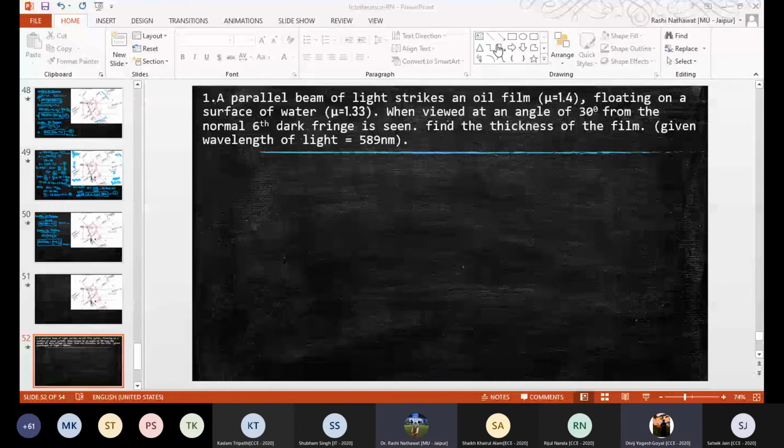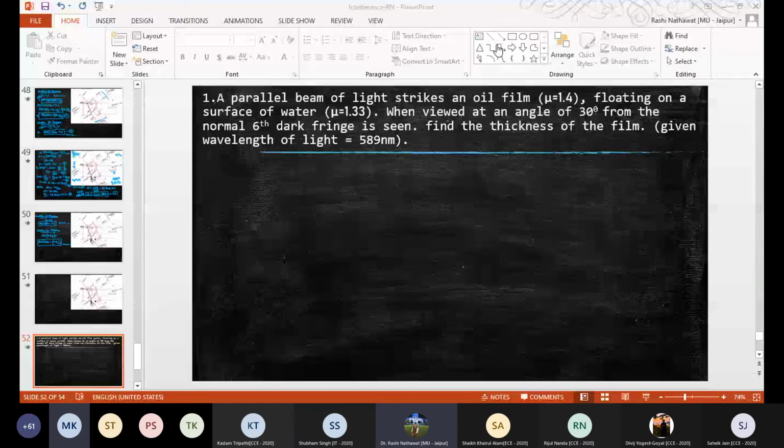I'm applying 2n plus 1 lambda by 2, which is 2n minus 1 lambda by 2. See, guys, that is the condition for maximum. Guys, this is reflected light and we are talking about the dark fringe. Yes, this is reflected light: 2 mu t cos r equals n lambda. Yes, exactly. 2 mu t cos r equals n lambda. Apply this formula. What is the answer?